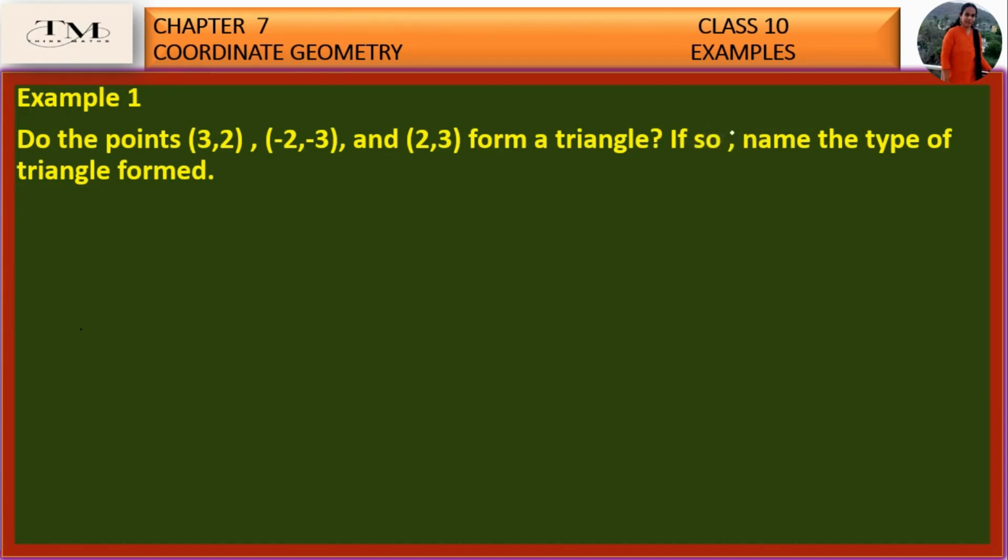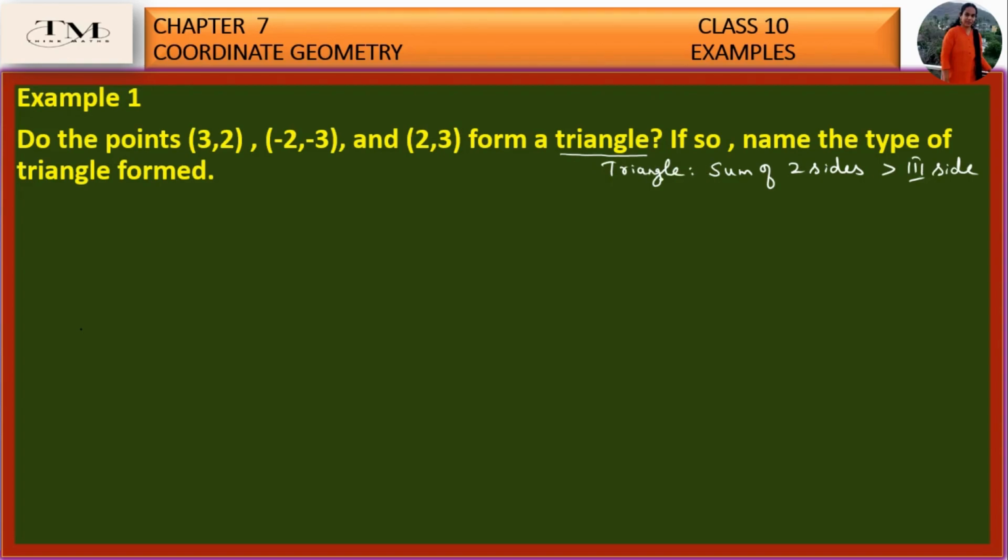To check this, we should first check whether it is a triangle or not. For 3 points to form a triangle, the sum of two sides should be greater than the third side. This is the condition for a triangle.